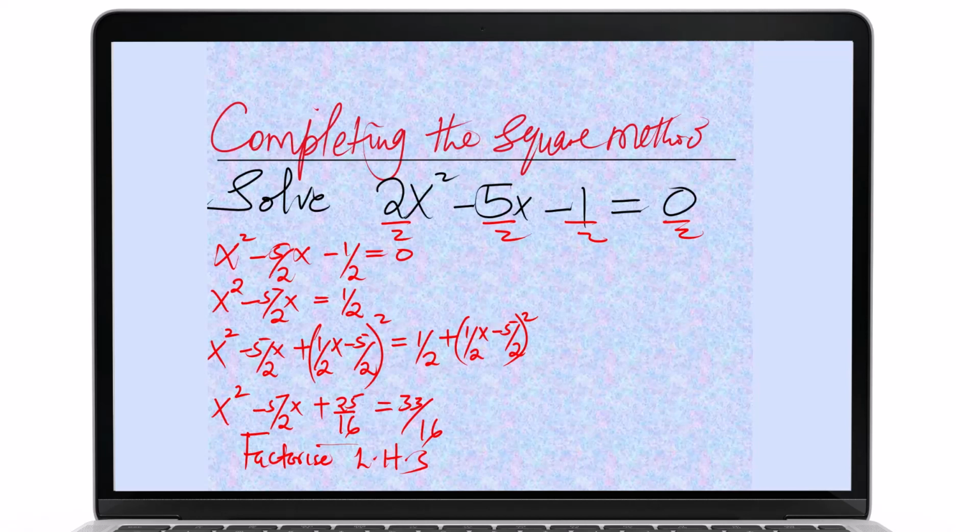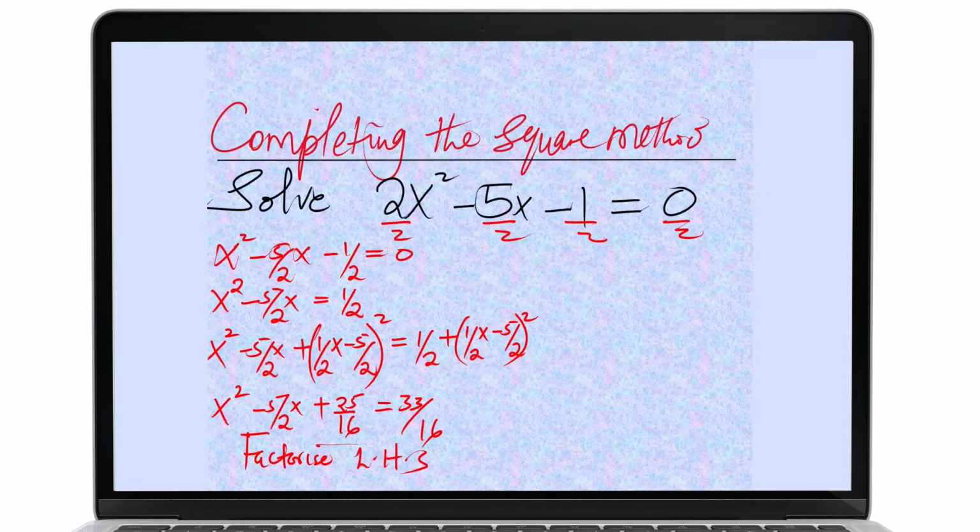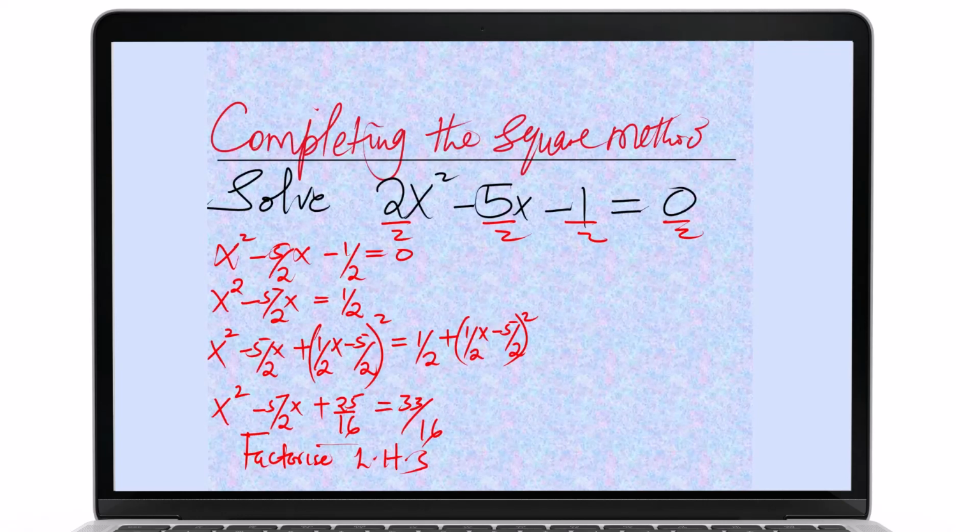You can see 25 over 16, the square root of that is 5 over 4 squared. So let me repeat this. When you factorize x squared minus 5x plus 25 over 16, you get x minus 5 over 4 squared is equivalent to, remember the right hand side, we have 33 divided by 16.